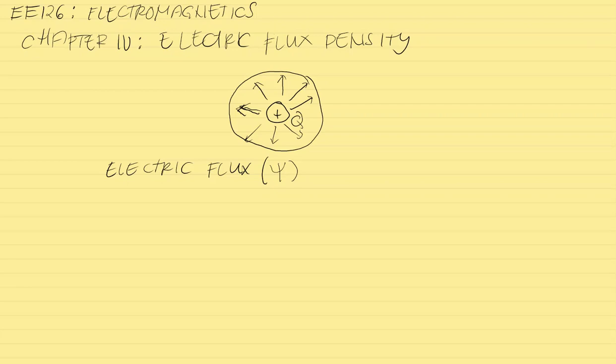This means the total electric flux should be equal to the total charge. So according to Faraday, if the electric flux is equal to Q, then the unit for electric flux is also the coulomb.